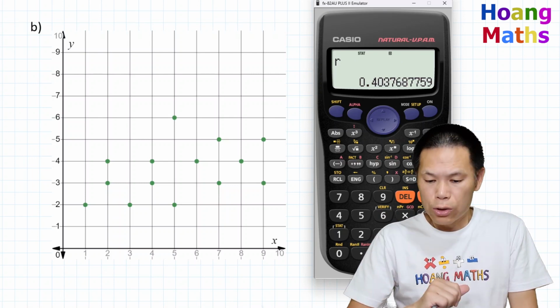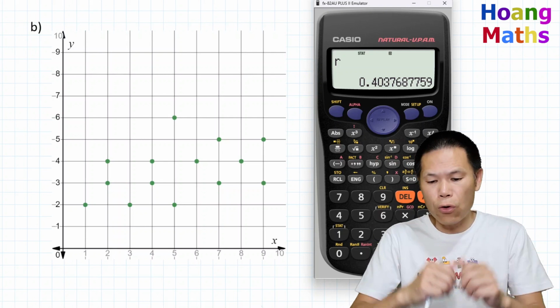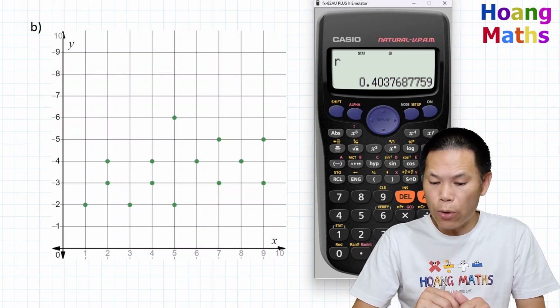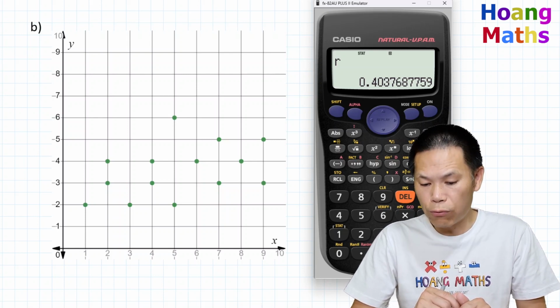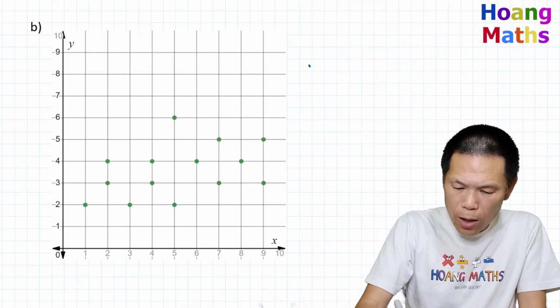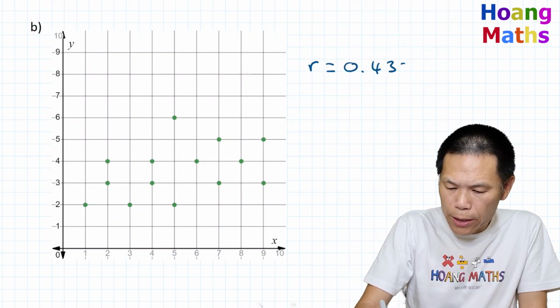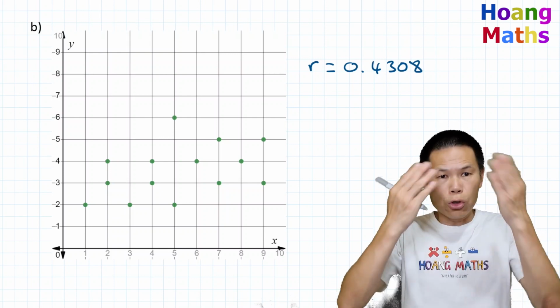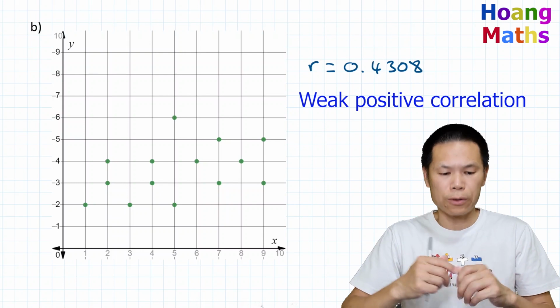So there you go, 0.4376 and so on, just correct to 4 decimal places. That is 0.4038. So R is equal to 0.4038. Therefore it is a weak positive correlation.